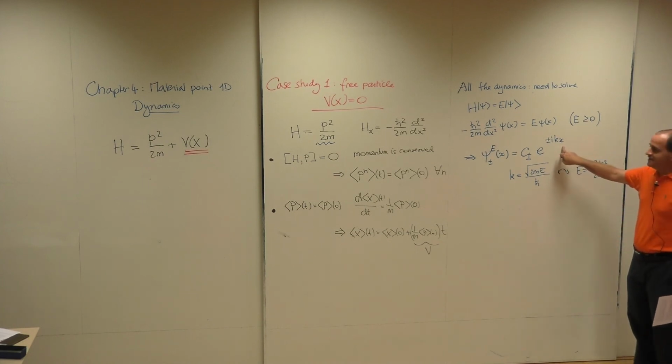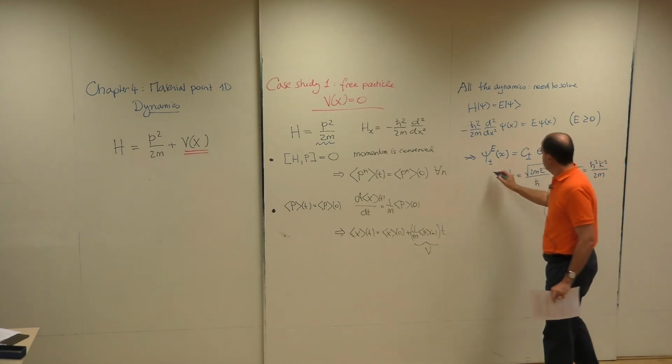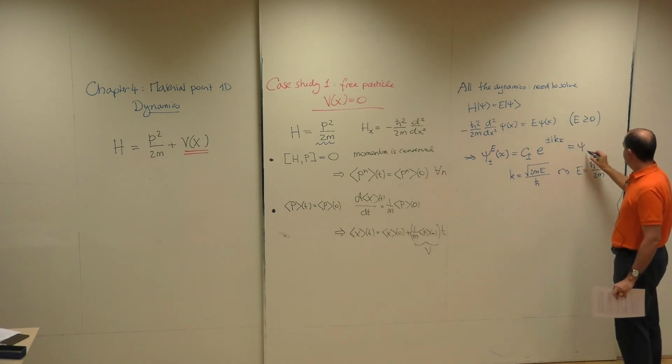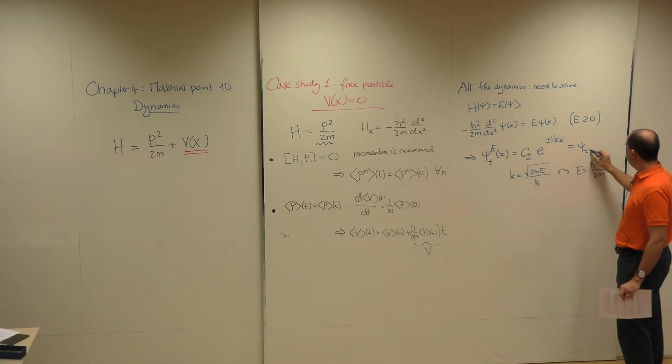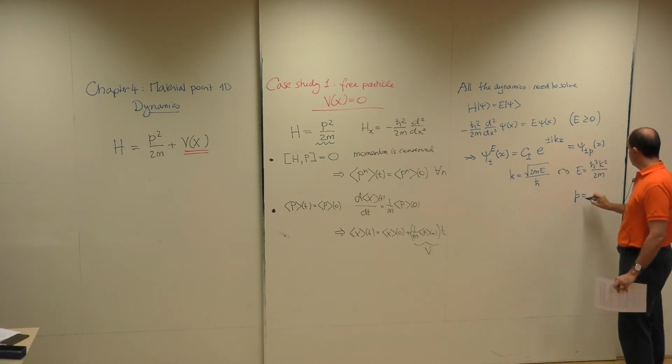And by the way, you can check that these are also the eigenstates of momentum. You remember what they are, right? This is not surprising because the Hamiltonian commutes with momentum, it's a function of momentum. So this would actually be equal to psi plus or minus p of x with p equal to h bar k.